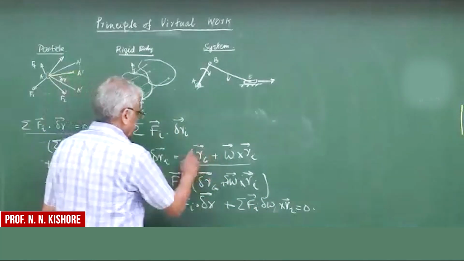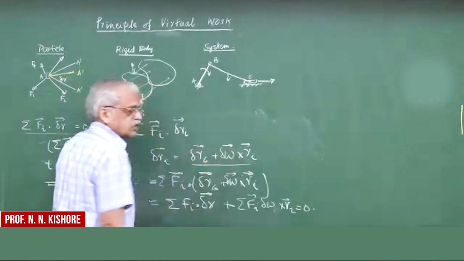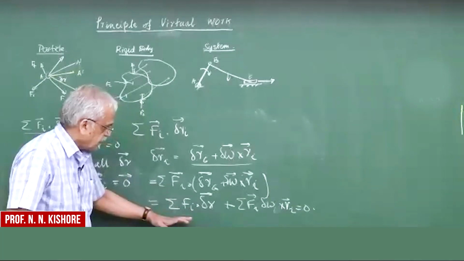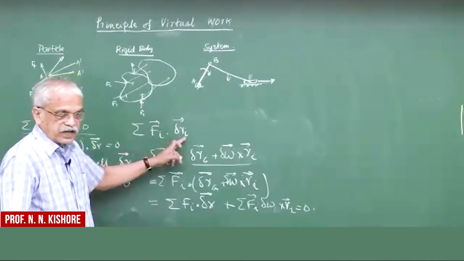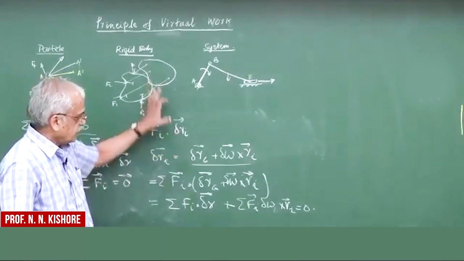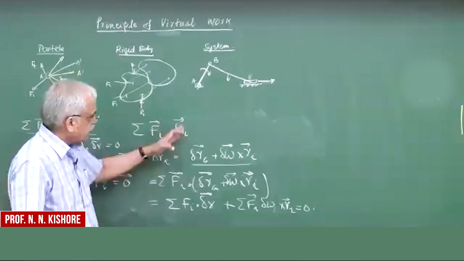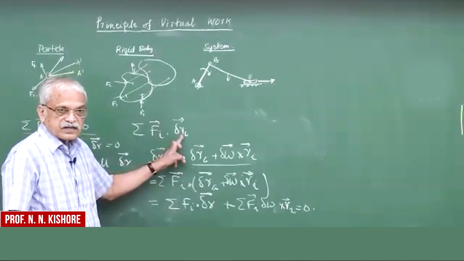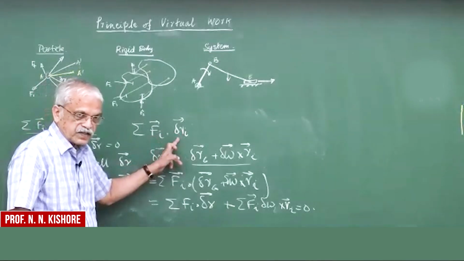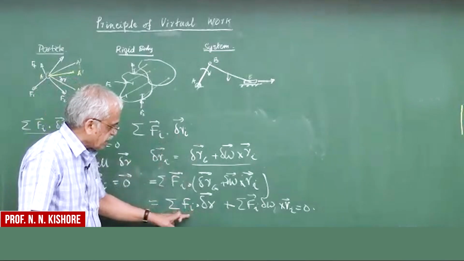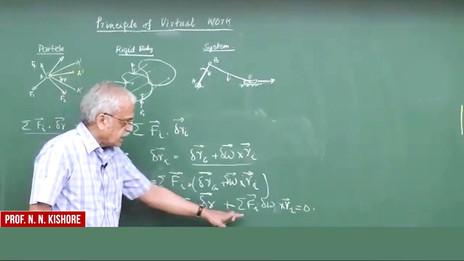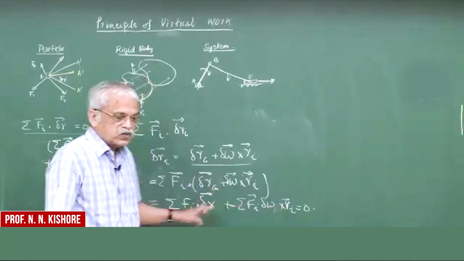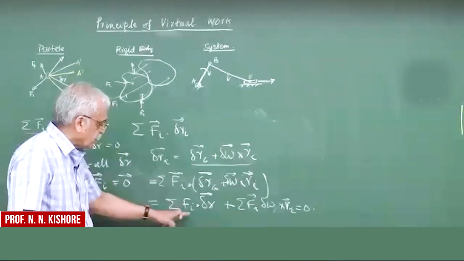Since we are talking about small things, we will say small rotation. So according to the virtual work principle, if this is 0, then for a single rigid body it is the summation of all the work done by all the forces, which can be written as Fi dot delta R and Fi dot delta omega cross delta Ri. So what is this?